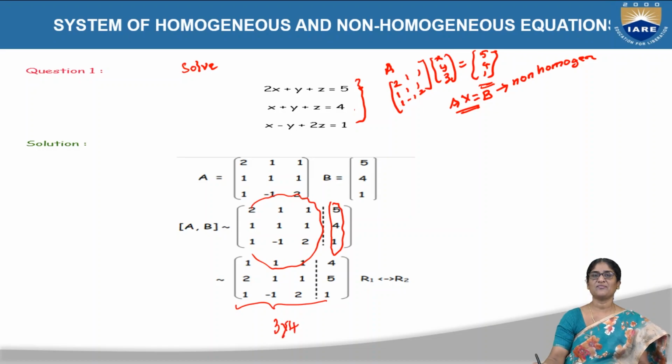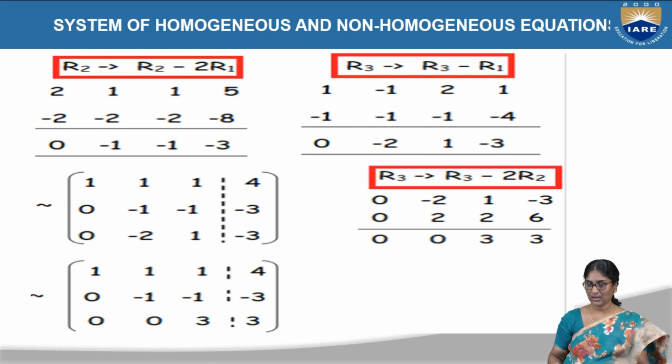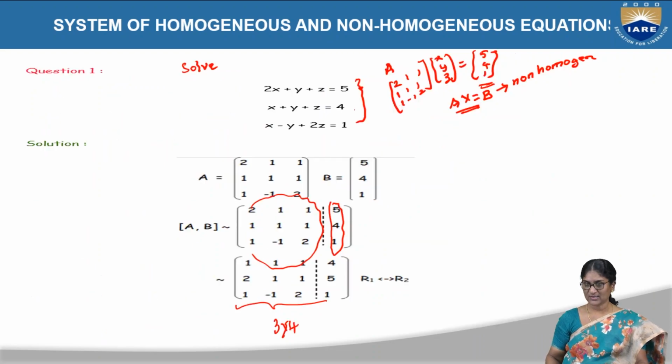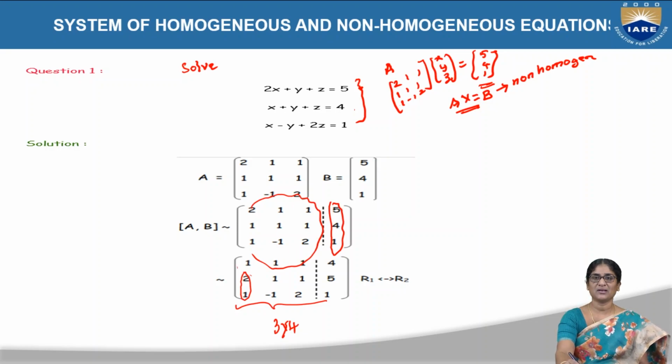So let us see how to convert this to echelon form. In the first column, R2 and R3 entries should both be reduced to 0 by using the first element, that is 1.